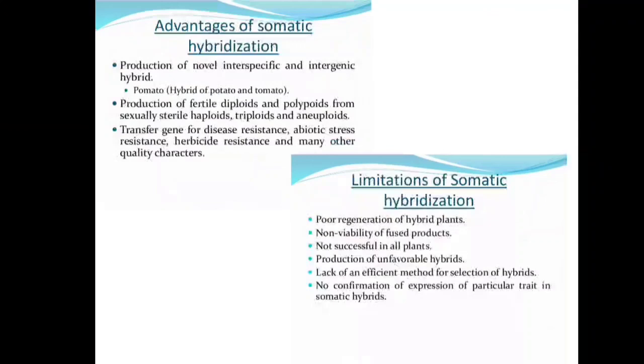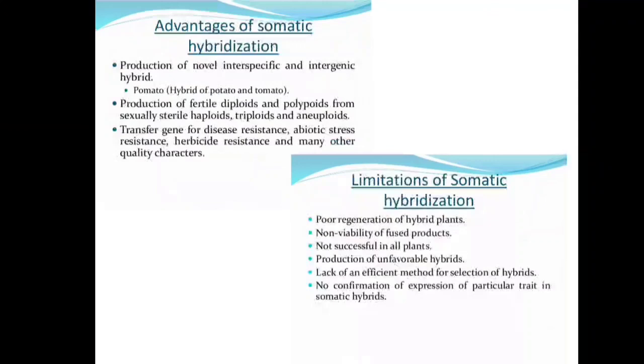And if we look at the limitations of somatic hybridization, it does not always produce plants that give fertile and viable seeds. Protoplast culture is frequently associated with genetic instability. There are limitations in the selection methods of the hybrids.